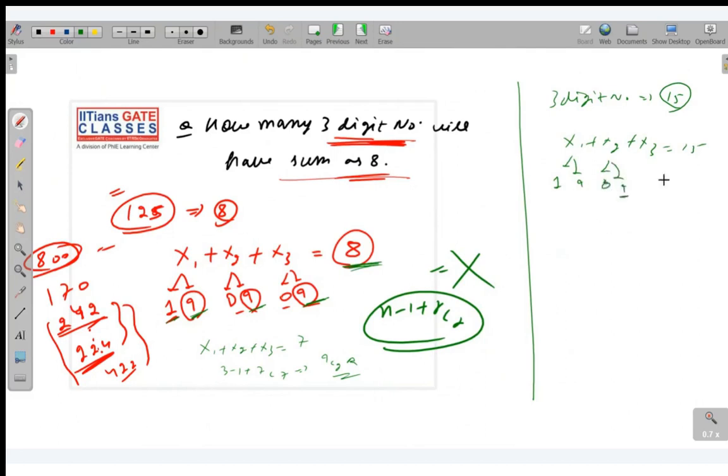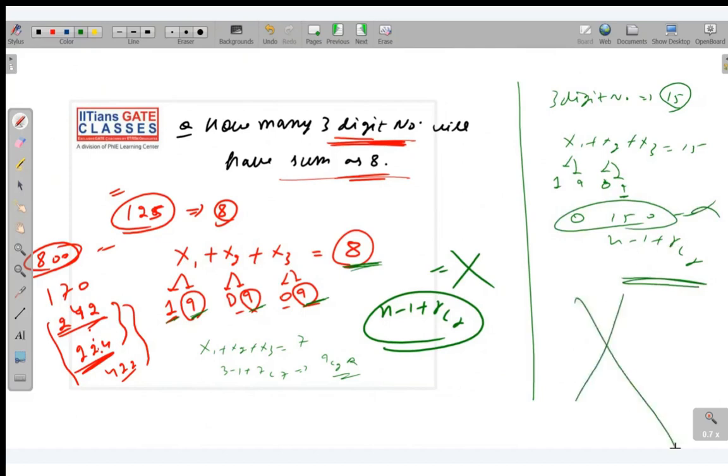If you simply apply n minus 1 plus r C r, you will say, sir, 0, 15, 0 is also allowed. But how can x2 take 15? That is not possible. With the knowledge we have till now, it is not possible for us to solve this question, because here we have an upper constraint also. Upper constraint means a maximum of 9 is possible, and the sum is 15.